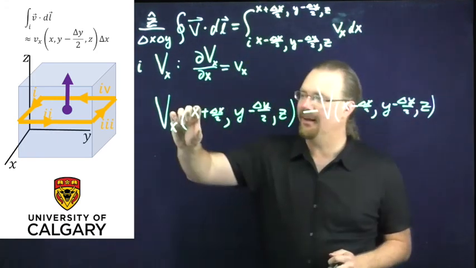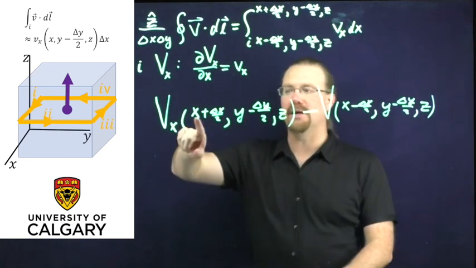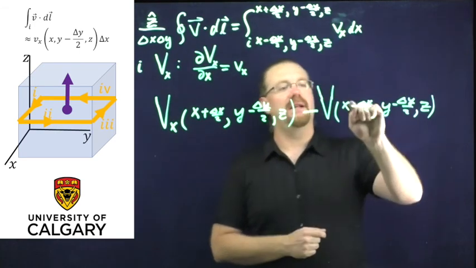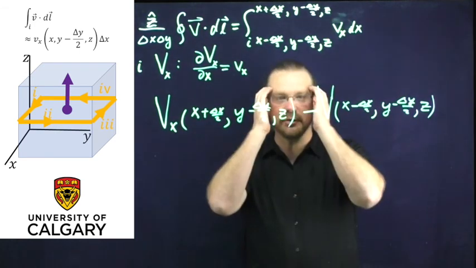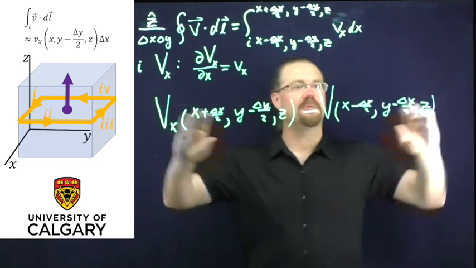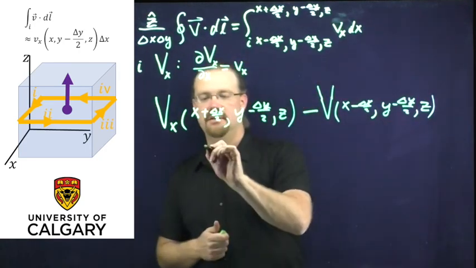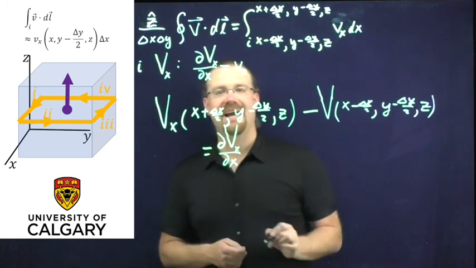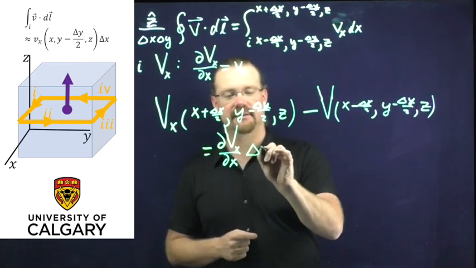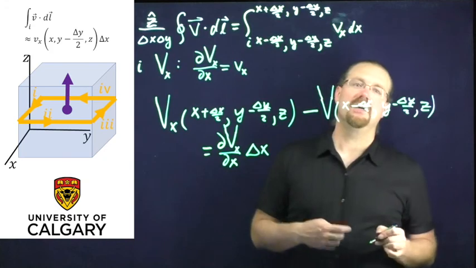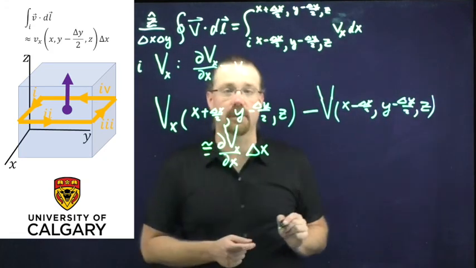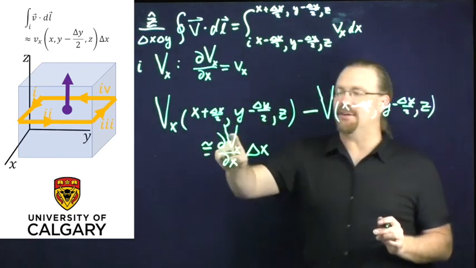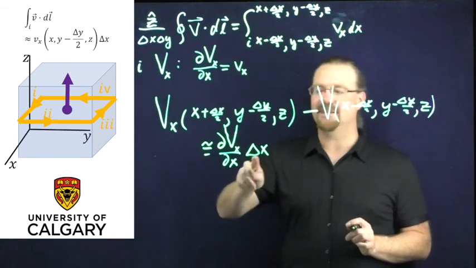Now, if we look at a function evaluated at x plus delta x over 2 minus that same function evaluated at x minus delta x over 2, that should remind us that this is a partial derivative. So this is dV sub x dx, that's our capital V, times our delta x. Or at least it is in the approximation where delta x is very small. And at the end of this, we're going to take the limit where delta x goes to 0, so we're going to be fine.